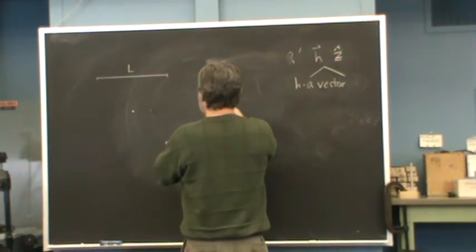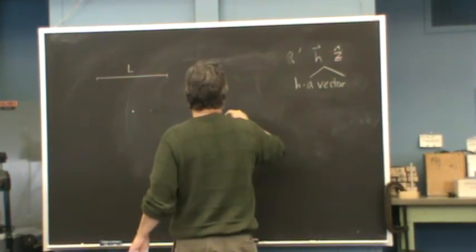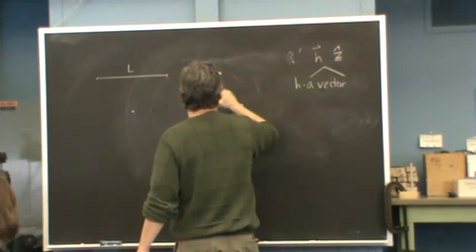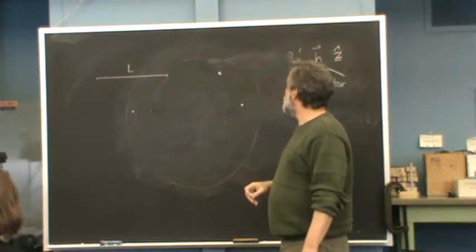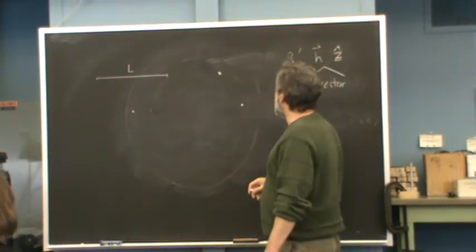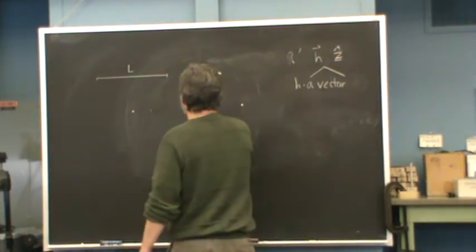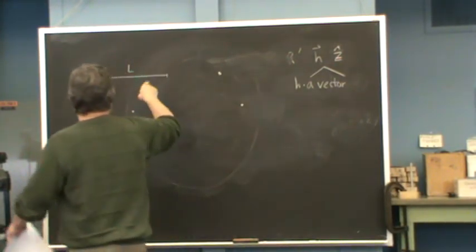Sorry, my wire goes that way. I could put the point at any angle, but let me actually put it here. That's because this could be anywhere on this axis.